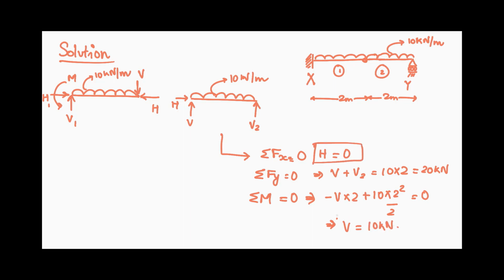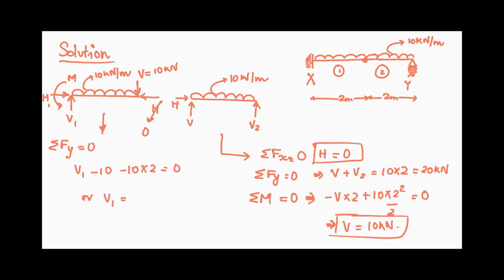Now that we have solved for H and V, we can take up the first beam by replacing this with V equal to 10 kilonewton and H equaling 0. And we can again apply the equilibrium equations. Sigma Fy equals 0 gives us V1 minus 10 into 2 minus 10 equaling 0, or V1 equals 30 kilonewton.